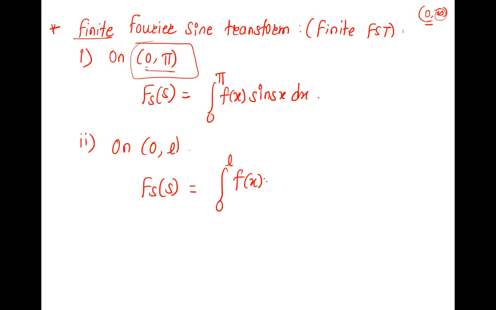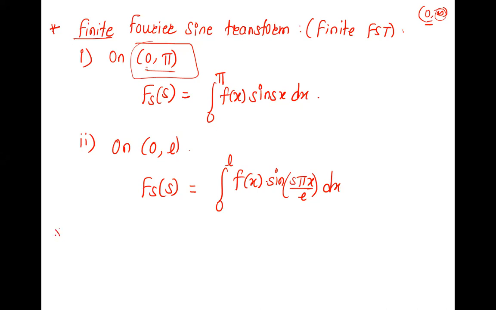If it is nx, it is n pi x upon L. Sine, we have written there n pi x upon L, if you remember. So if it is sine nx, it becomes sine s pi x upon L dx. This is the definition of the finite Fourier sine transform.